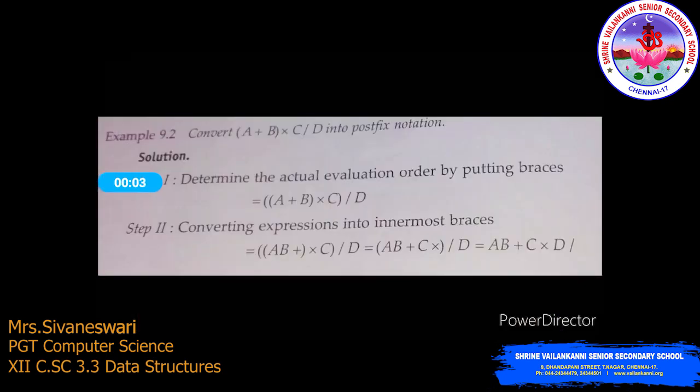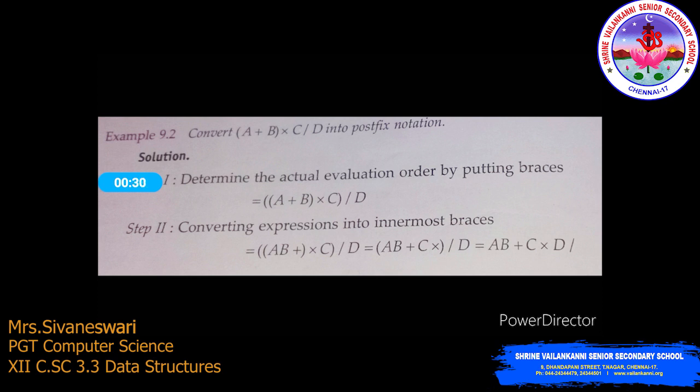Let's see an example to convert infix notation to postfix notation. The infix notation given is a plus b star c slash d. Since multiplication and division have higher priority than addition, we have to provide brackets according to the priority.